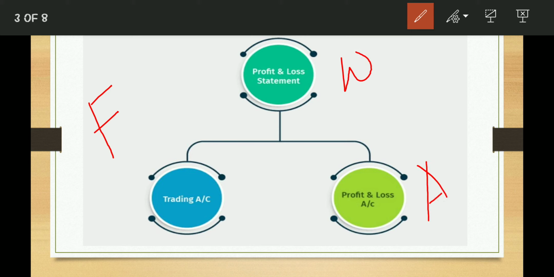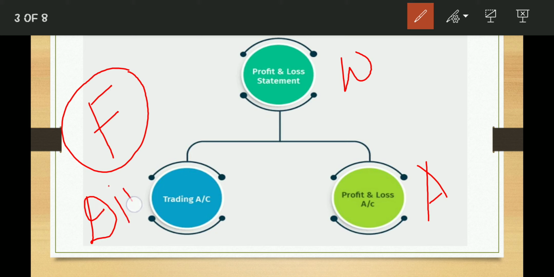Whatever expenses arise in the factory are called direct expenses. Why are they called direct expenses? Because they are involved directly in the production of the product, like raw materials.